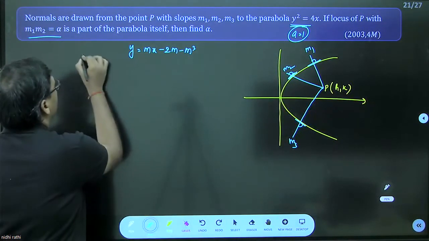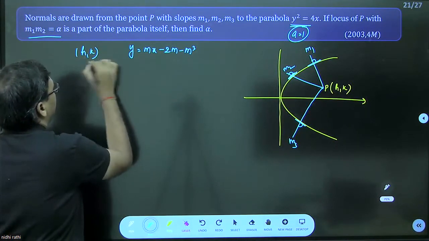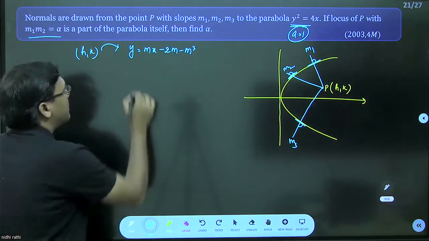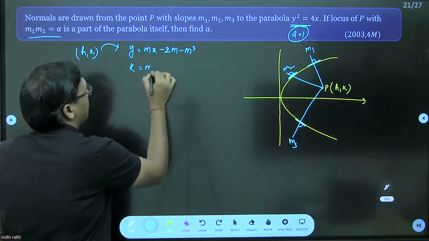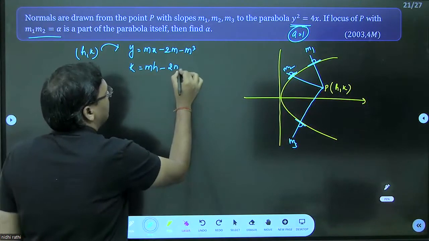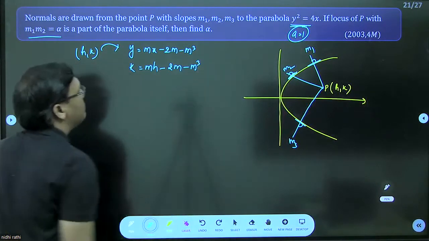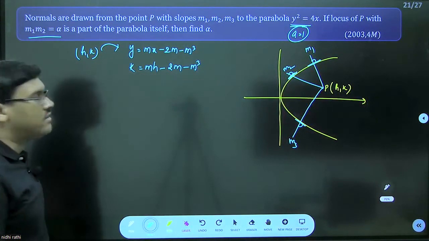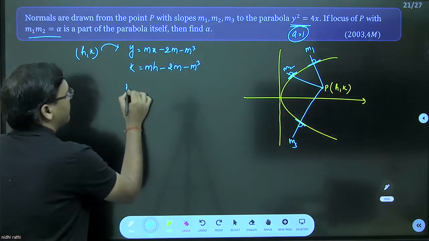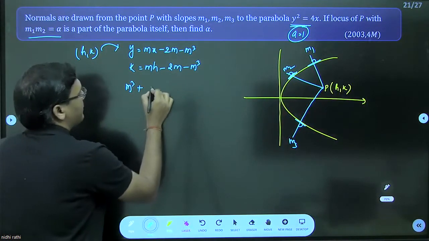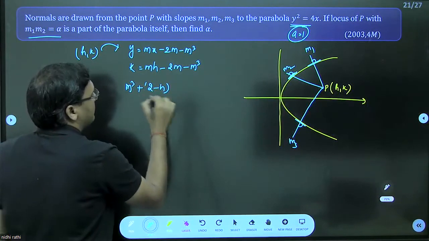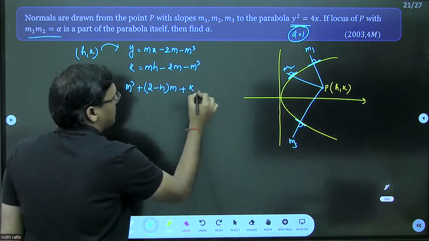This normal equation will satisfy h comma k. So here, since it passes through h comma k, let it satisfy. So this is k equals mh minus 2m minus m cube. So you can clearly see this is m cube plus 2 minus h m plus k is equal to 0.